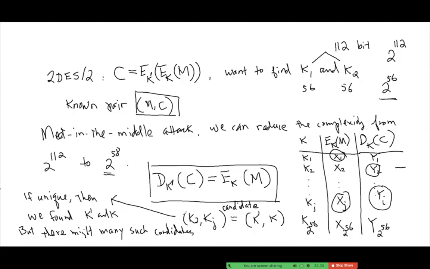All right, so then let's assume I have another known pair. Let's call it M prime, C prime.